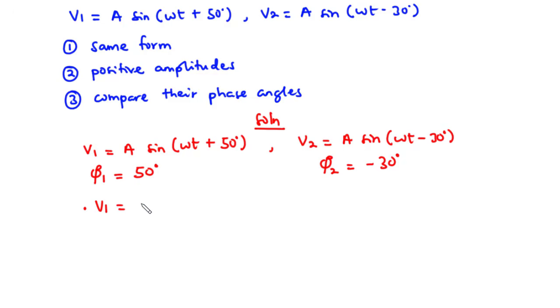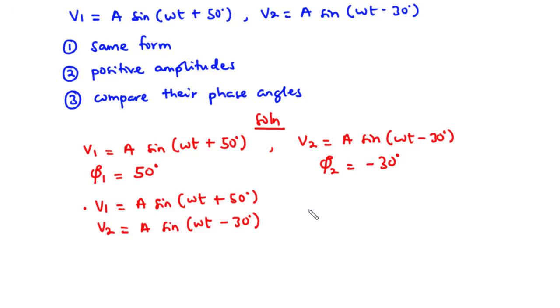We have V1 to be a sine omega t plus 50 degrees, and then we have V2 also to be a sine omega t minus 30 degrees. Now we can express negative 30 degrees as 50 plus a certain value, which will also be equal to negative 30 degrees.